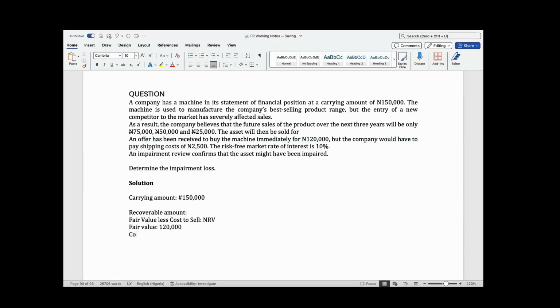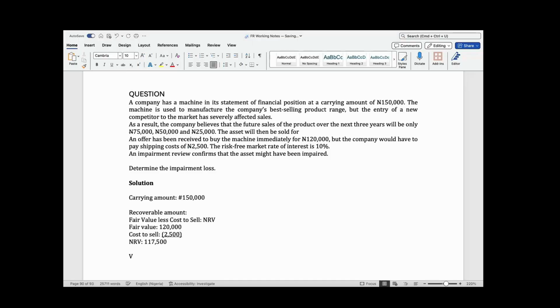I was given cost to sell because somebody wants to buy the machine for 120, and there is a shipping cost of 2.5. So my NRV will be 117,500. Correct me if I'm wrong.